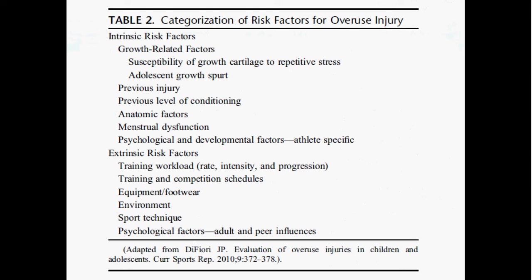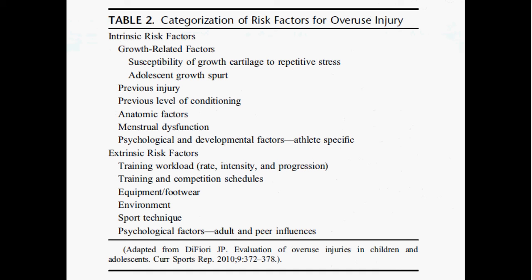Categorization of risk factors for overuse injury. Again, growth related factors, so you're busy growing, and you have all this added intense sport participation whilst your body is trying to grow, and of course that can add injuries. Why do we do our risk stratification? Because previous injury can lead to burnout or overuse and so forth.